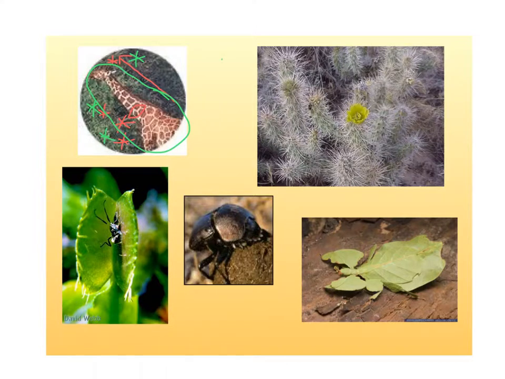And if they have long necks, they will have a better chance to pass on that trait to their baby giraffes. So, over millions of years, giraffes' necks started out not very long, but they got longer and longer and longer and longer.